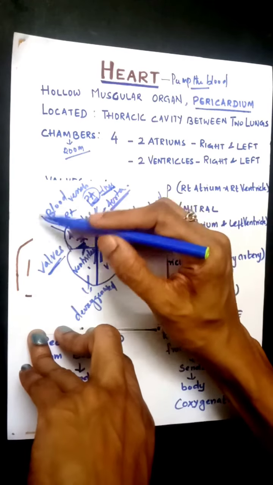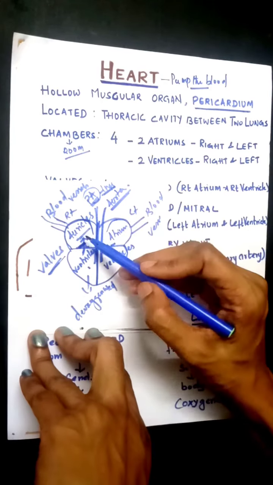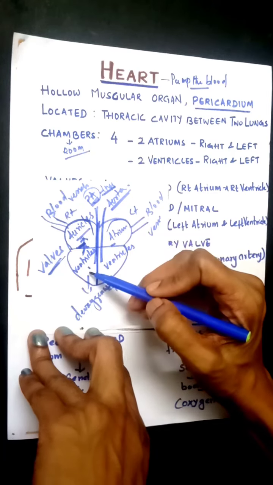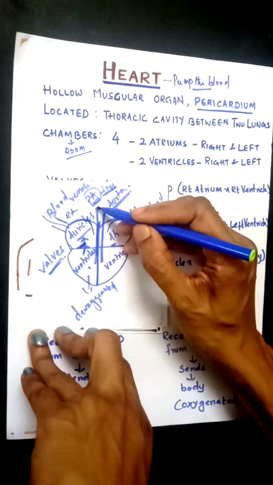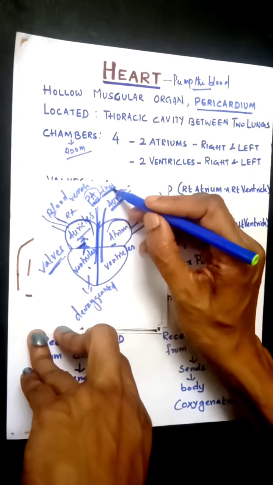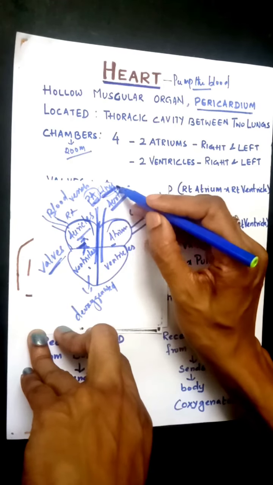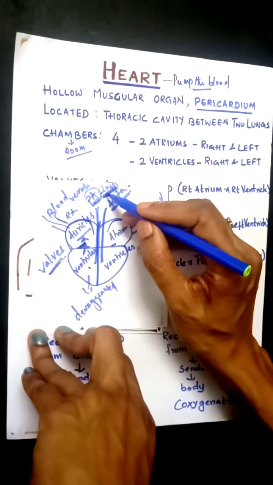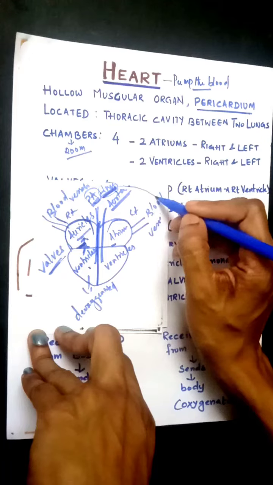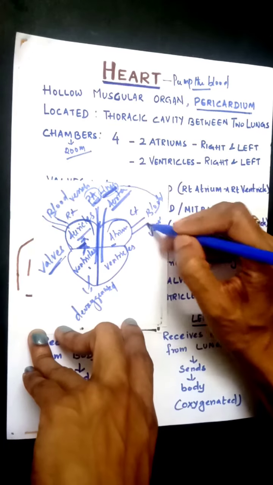So from all parts of the body, blood flows into the auricle. From the right auricle, the blood is pumped to the right ventricle. From here, the pulmonary artery takes the deoxygenated blood and gives it to the lungs. At the lungs, the purification takes place, that is, exchange of oxygen and carbon dioxide. Once the blood is purified, the blood vessel from the lungs is called the pulmonary vein.